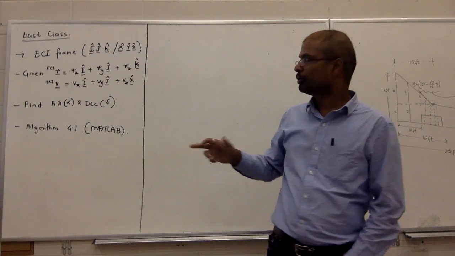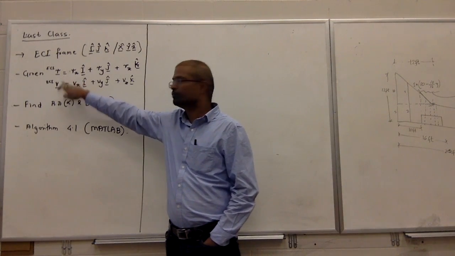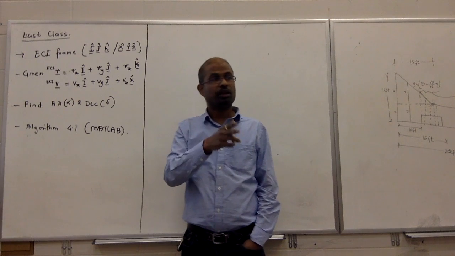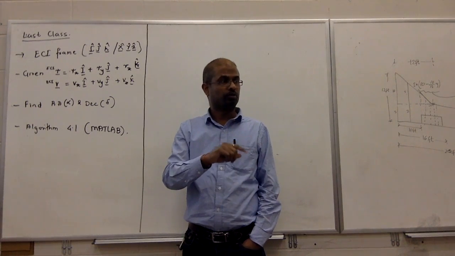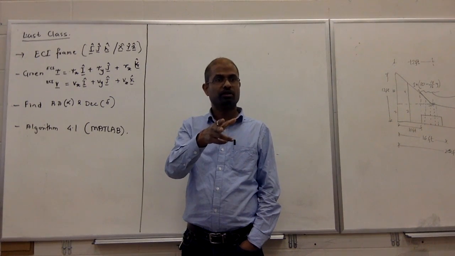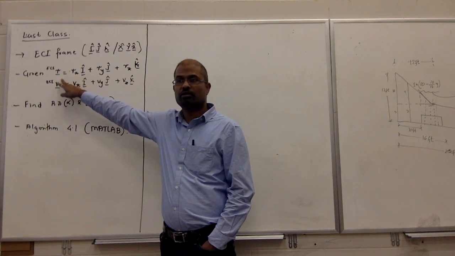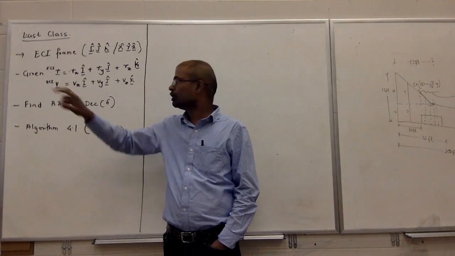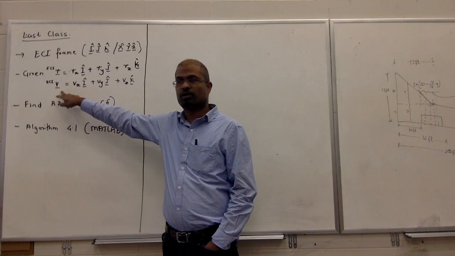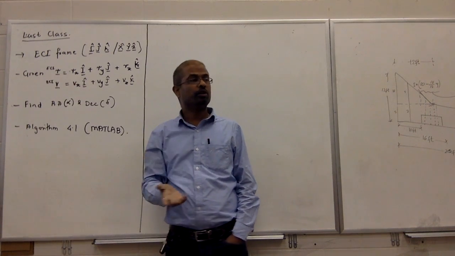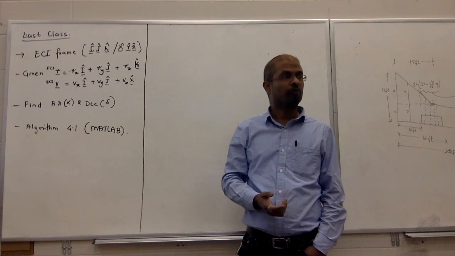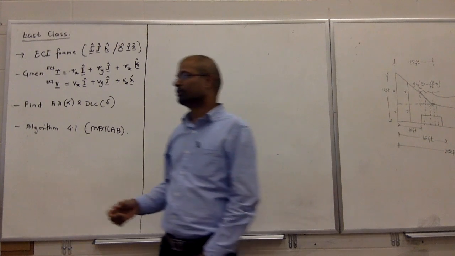It's like I told you, this can be measured similar to measuring the speed when you're going on the road. You just point the speed gun at the object which is moving. You know the position and you know the velocity. Now, how do you convert these to the orbital elements? That is our next section.